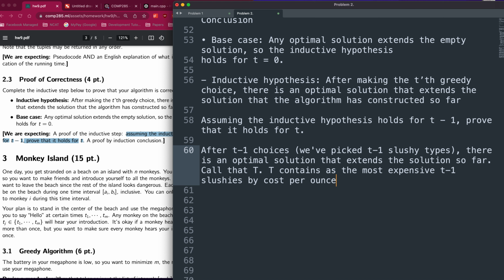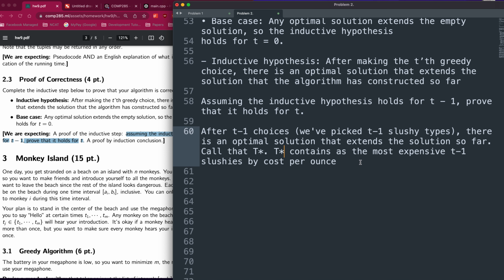So that means that our optimal solution T, let's call it T star, as you usually see, T star contains the most expensive t minus 1 slushies by cost per ounce, right?